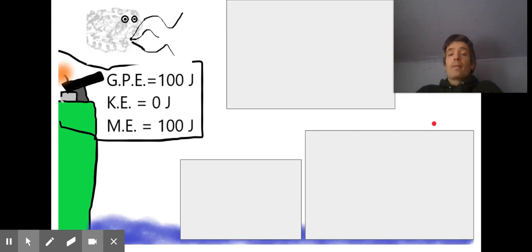Now let's look at somebody being launched as a cannonball. Let's pretend they're on a cliff, so they've got some gravitational potential energy and zero kinetic energy. So at the start, the mechanical energy is going to be 100.